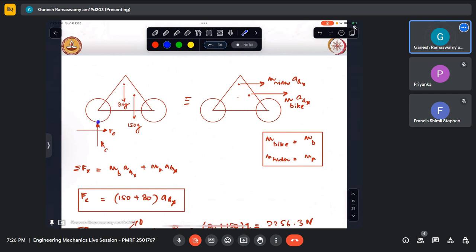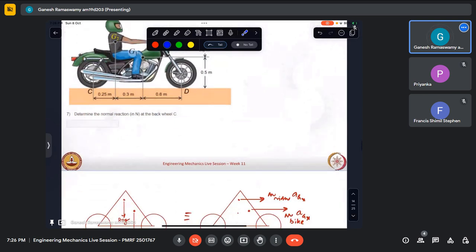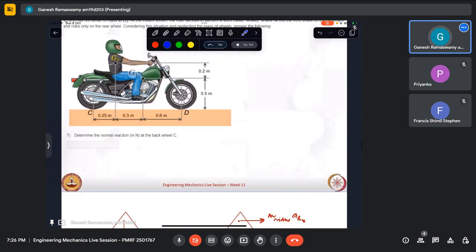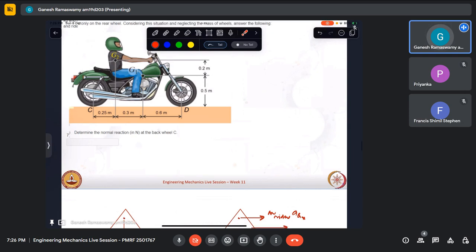When I take moment about these two, naturally FC and RC don't appear. 80G and 150G appear. What will be the moment arm for the 80G force? It will be 0.25 because 80G is acting like that. For the other, it will be 0.25 plus 0.3, I think it was 0.3.